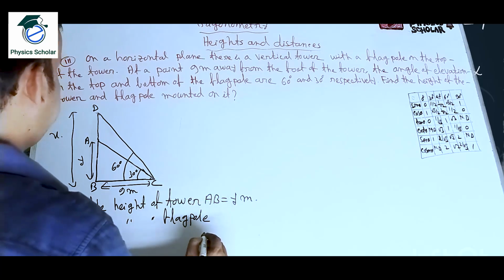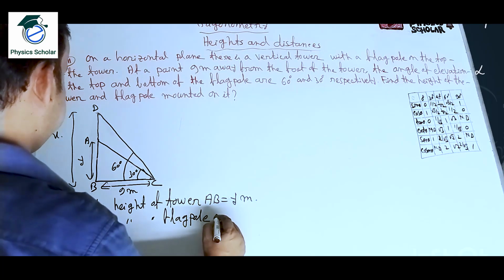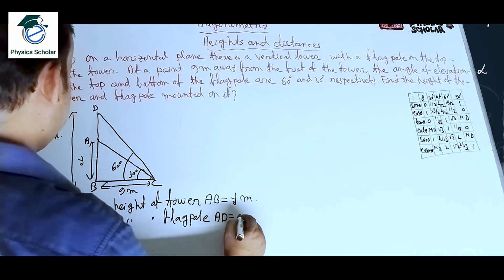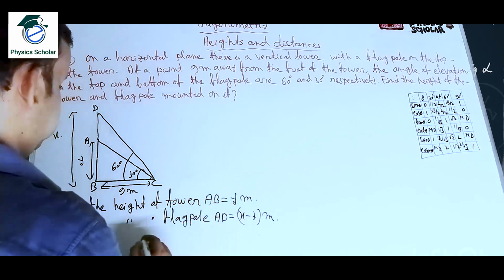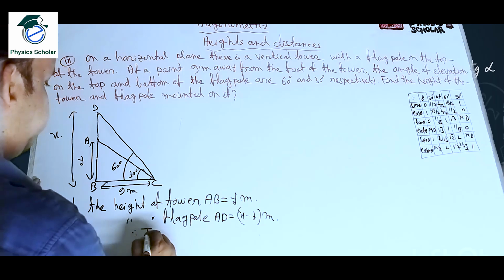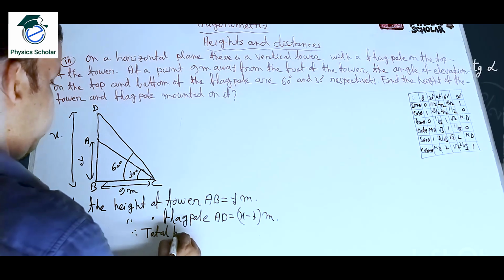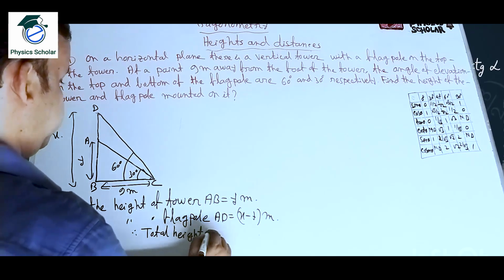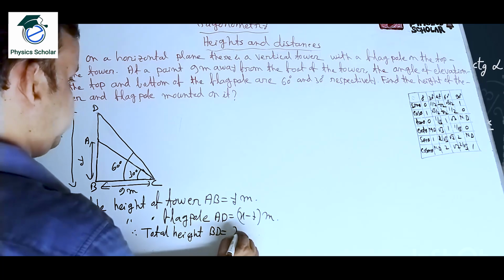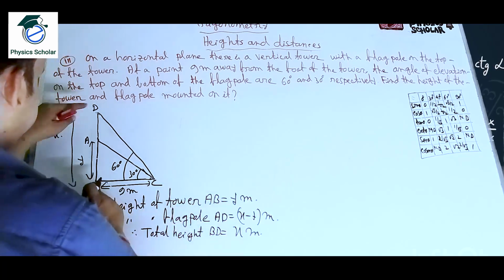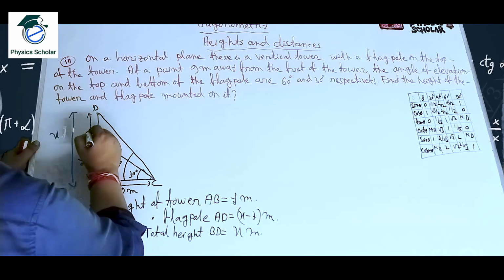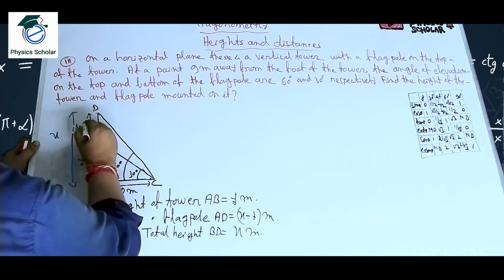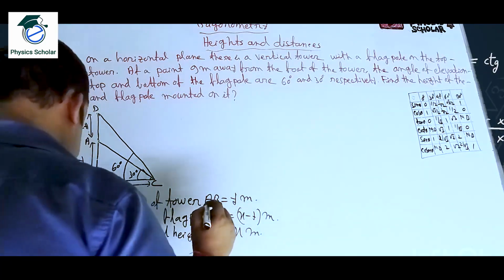Height of flagpole AD is equal to x minus y, okay. Total height BD is equal to x meter, okay. So this is total x, this is y, and this will be x minus y. Okay.